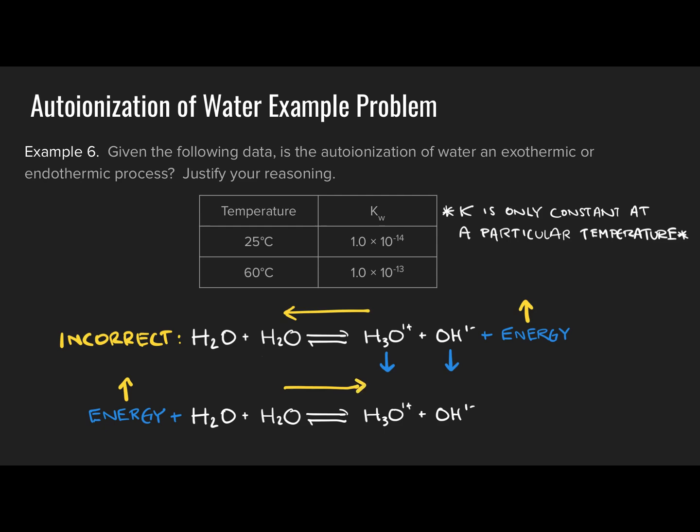This would cause a shift in our equilibrium position to the right by Le Chatelier's principle, and we would see an increase in concentration of our product ions, H3O positive and OH negative. Those increasing concentrations would in turn cause an increase in the value of the autoionization constant Kw, and therefore we can now definitively say that it appears from the data table that the autoionization process itself must be an endothermic process.